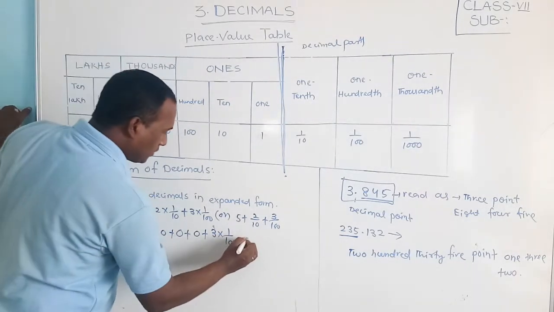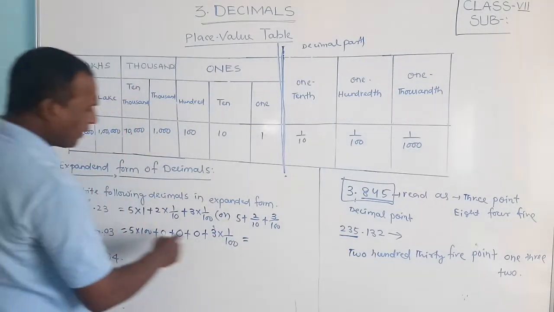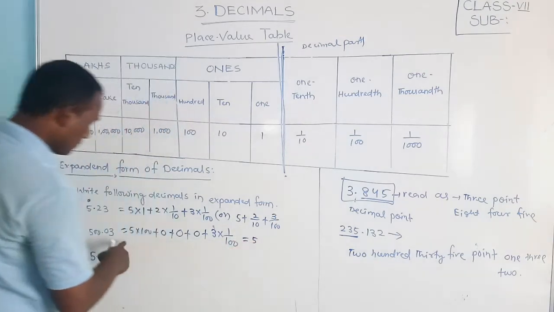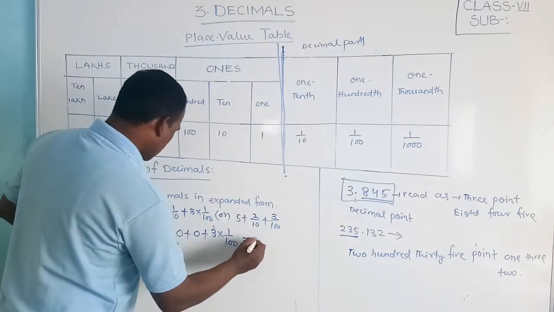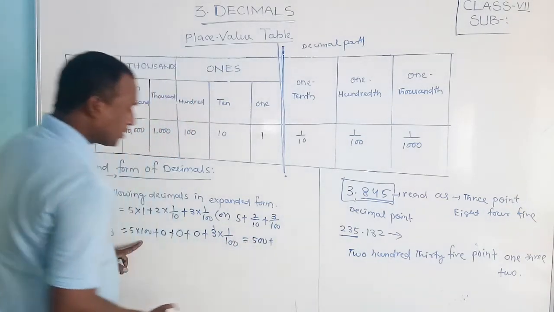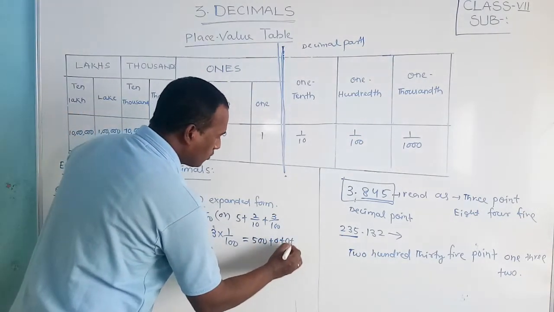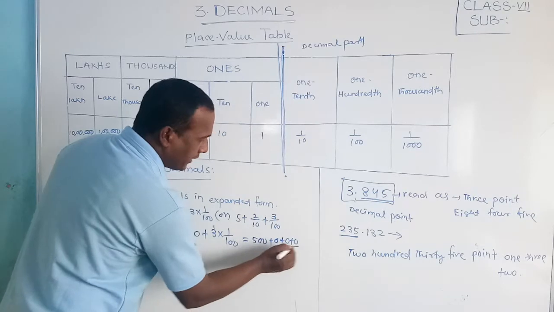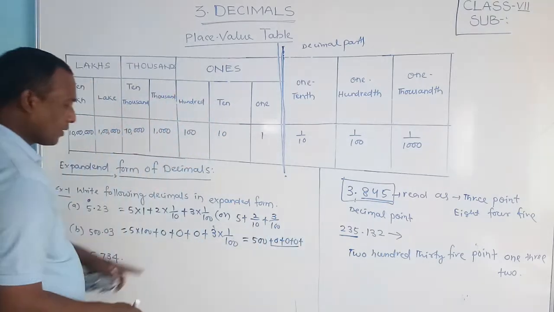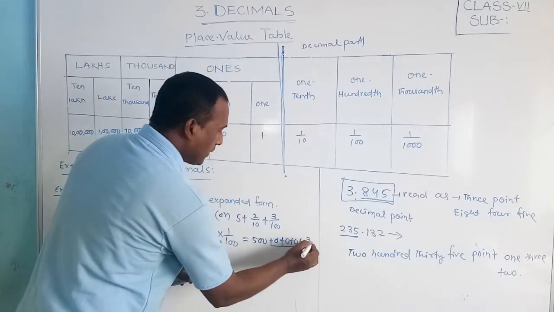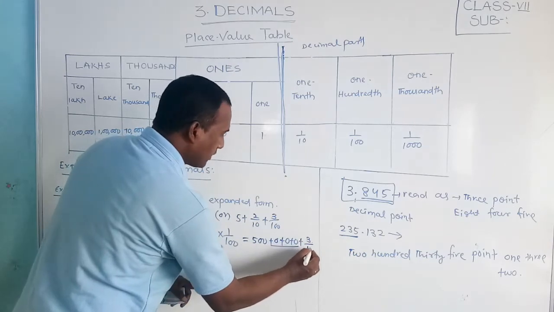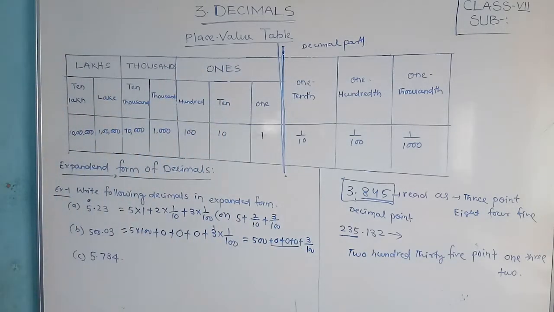Okay, this we can write also: 5 into 100 is 500, plus 0 plus 0, which we need not write. If you want to write, no problem. If not, only keep plus 3 by how much, friends? 100. You can write it this way also.